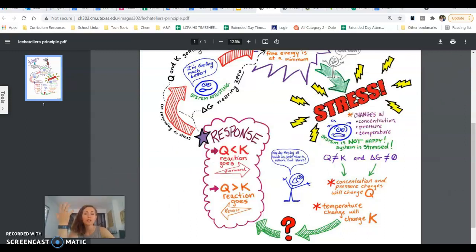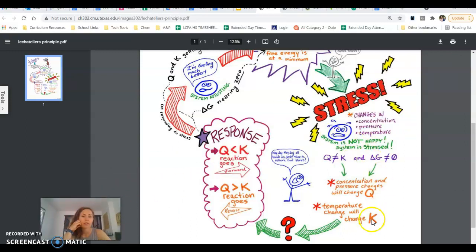So if a reaction becomes stressed, what's going to happen is that your value is going to change. If concentration and pressure change, your Q changes. If temperature changes, your K is going to change as well. So what happens in that chemical reaction? A response. If your Q value is less than K, the reaction is going to go in the forward direction. And if your Q is greater than K, then your reaction is going to go in the reverse direction.